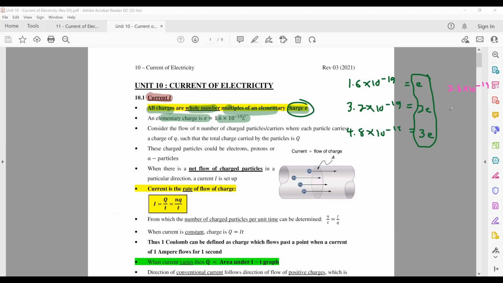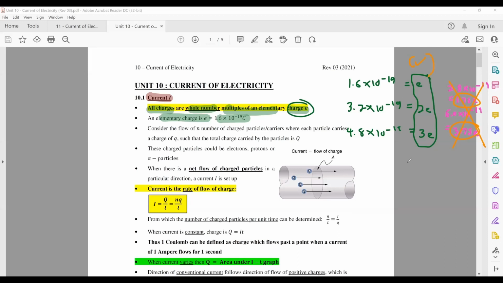If, for example, I have a charge that is 2.8 times 10 power minus 19, or something that is 6.0 times 10 power minus 19, in terms of your elementary charge, 2.8 is actually 1.75 of E, and 6 is actually 3.75 of E. In cases like this, one is not possible.